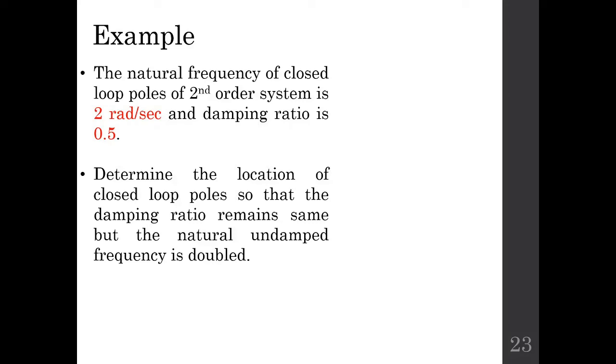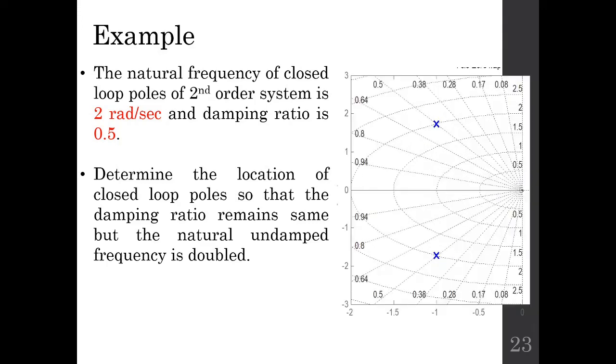Okay, let's solve an example related to finding the value of natural frequency omega n and zeta. We have this pole plot. This is an interesting plot because you have this right hand side axis, a left hand side axis, and this bottom and upper axis.